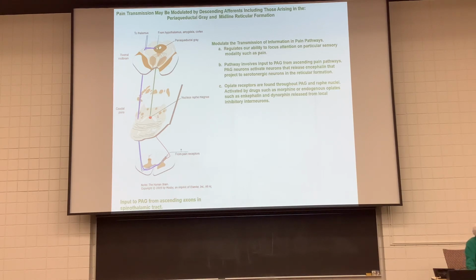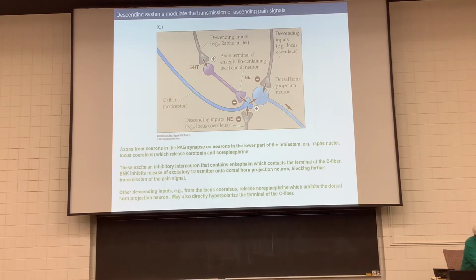That neuron sends an axon back down through the brainstem, and it synapses on neurons that are located in the midline called the raphe of the pons. And that neuron contains serotonin. That serotonergic neuron goes back down to the spinal cord. And yeah, let's look at it here.